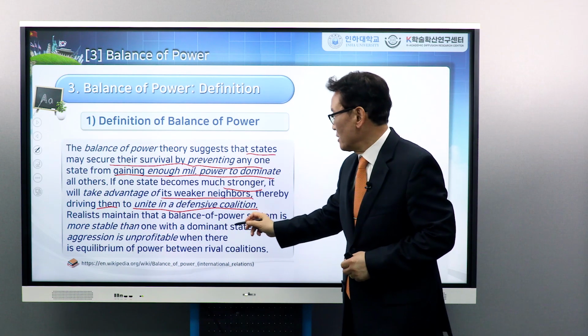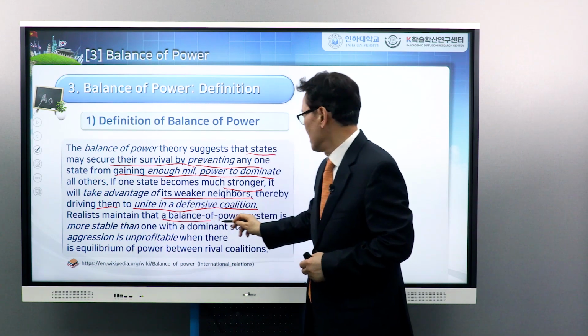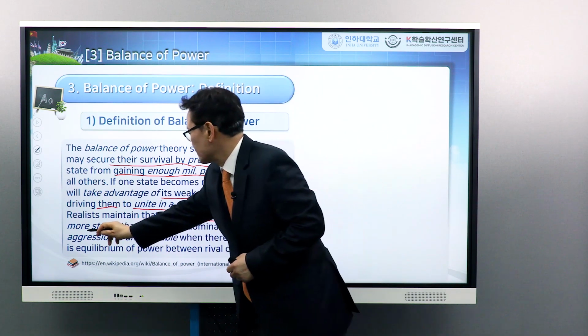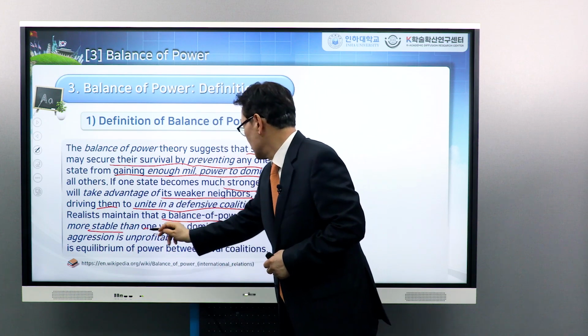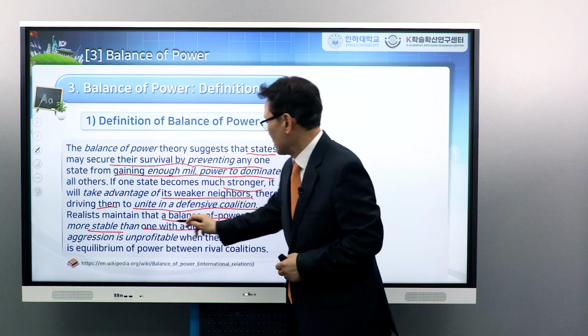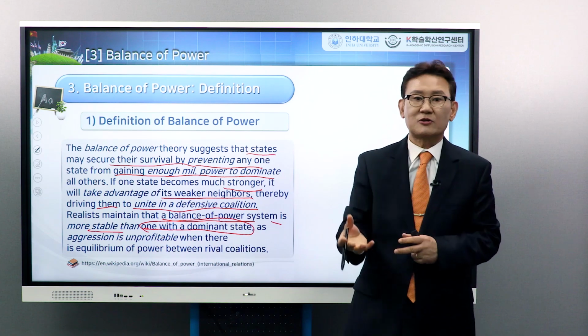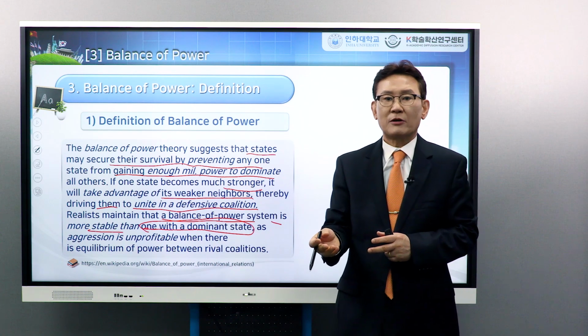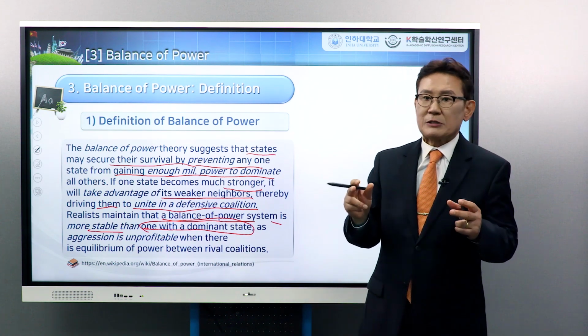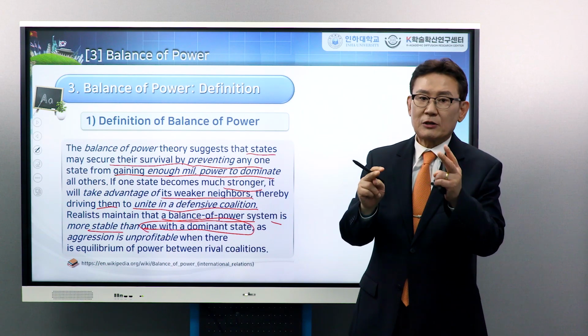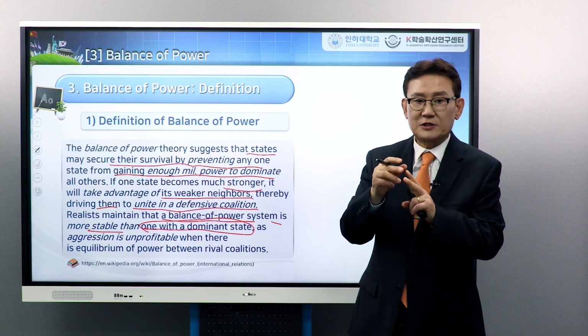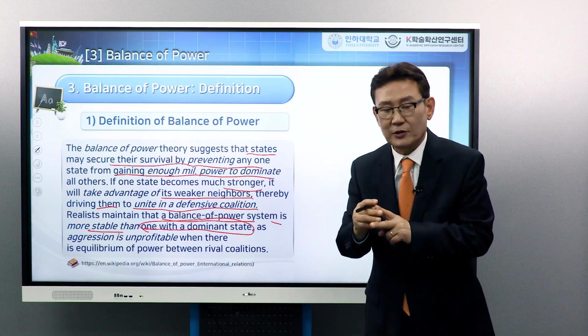So realists maintain that a balance of power system is more stable than one controlled by one dominant country. There could be two ways to establish stability in the world.